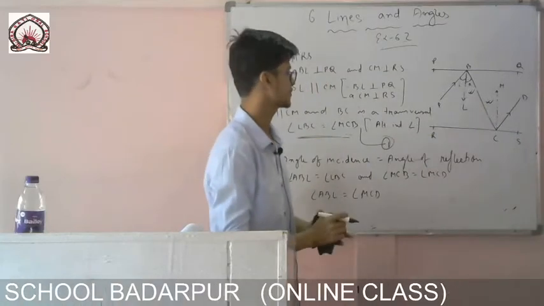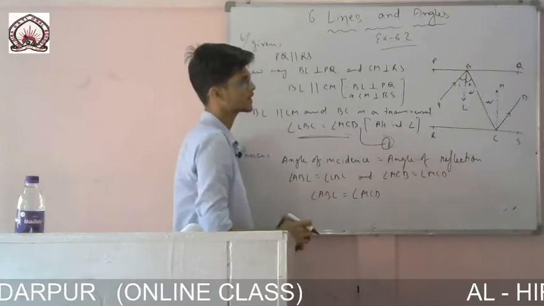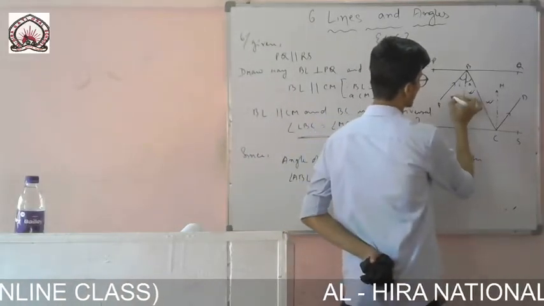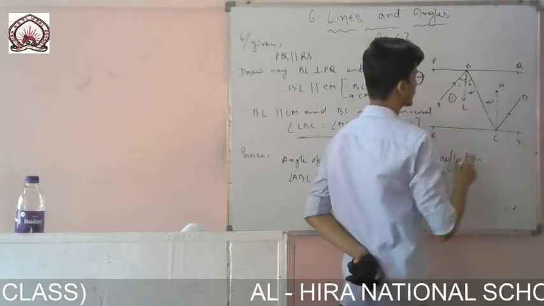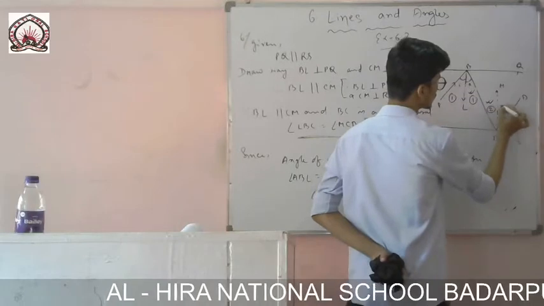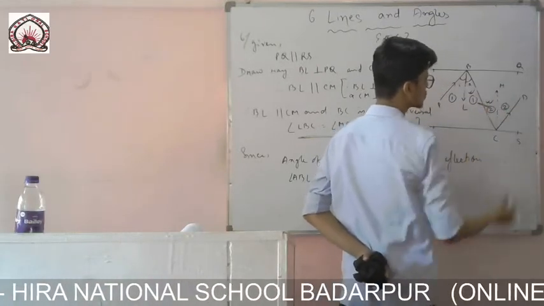Now you see one thing. Now what we have got here, angle of incidence is equal to angle of reflection. Now we have shown that this angle, this one I am giving it as angle 1, is equal to this one, and this angle is equal to this angle. And here we have got a relation that these two angles are equal.